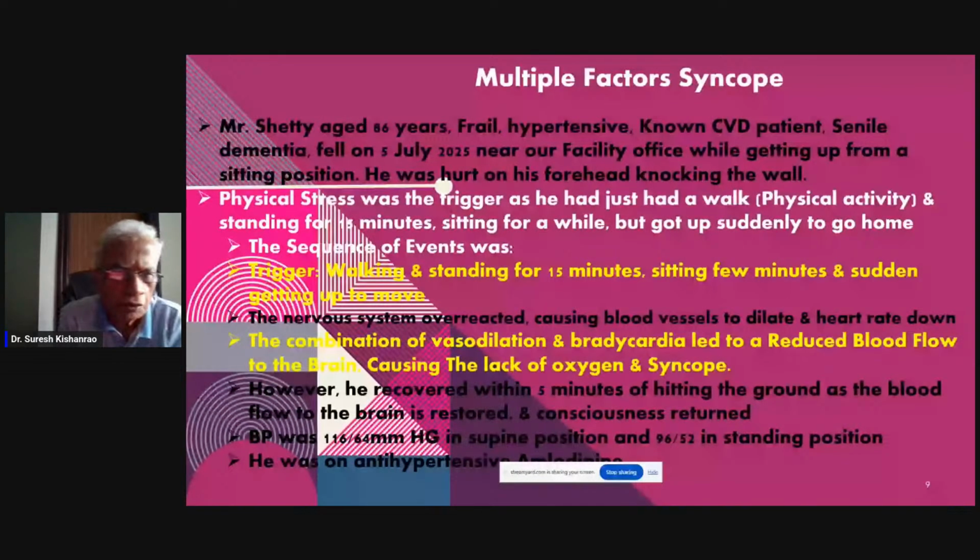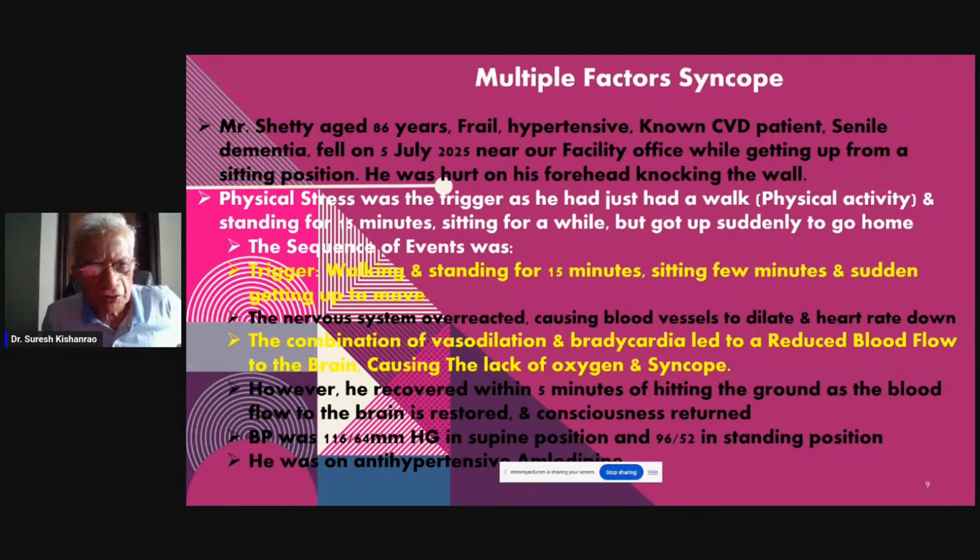Just 2 weeks ago, one of our friends in the apartment complex, age 86, frail, hypertensive, a known cardiovascular patient, and also with senile dementia, was standing near our facility manager's office and suddenly fell down, hitting his head on the wall and hurting his forehead. I was called on the telephone. I ran down the stairs within 2 minutes.